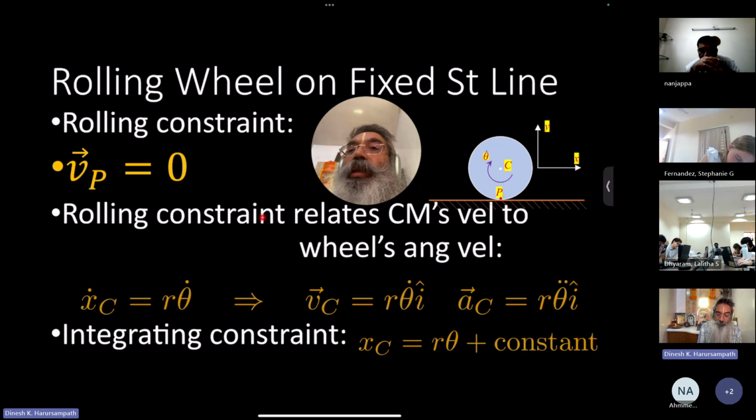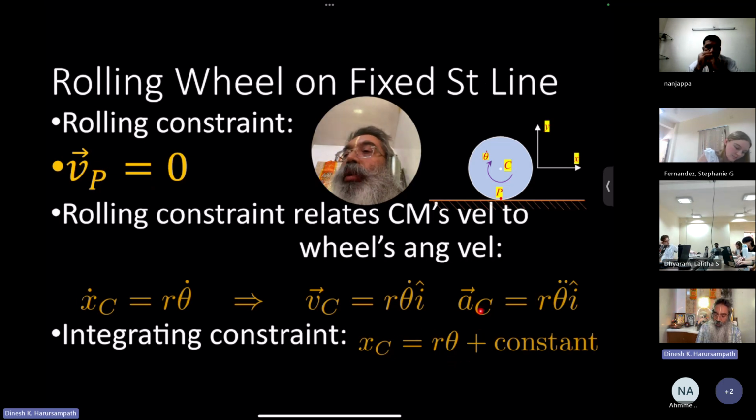I have said that the velocity of P equal to 0, but that's only an instantaneous velocity. So in other words, the velocity of P at just an instant before or just an instant later from the instant of interest for us can be non-zero, which means that there is a change in velocity with time, which means there is a non-zero acceleration of this point P as well.